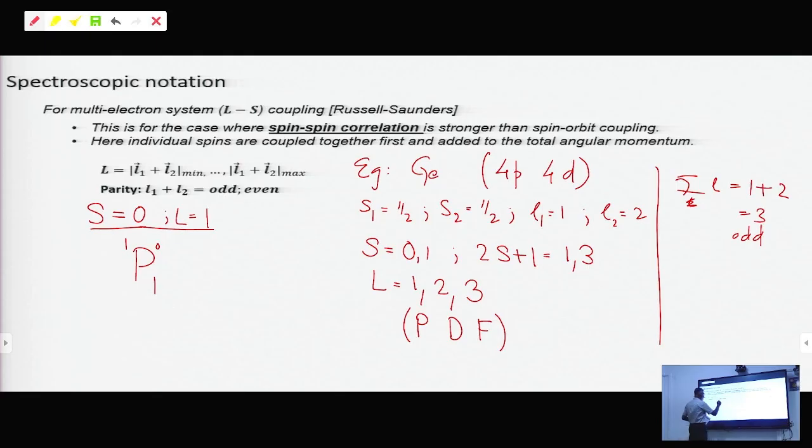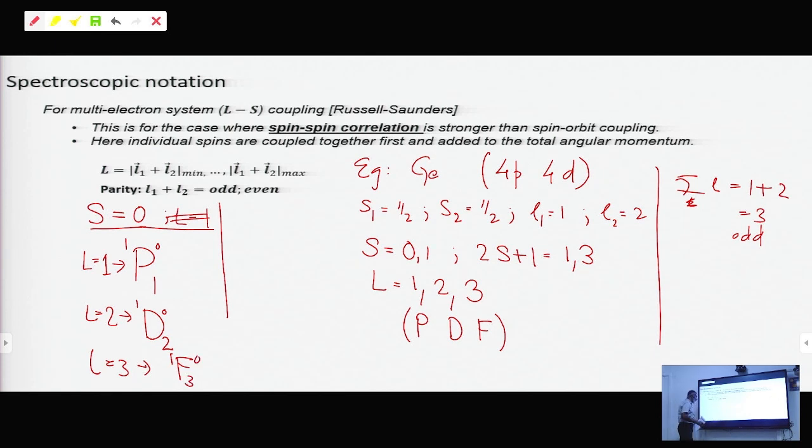For L equal to 2, it's a D, a singlet, with J equal to 2, and its parity is odd. And for L equal to 3, it's an F, a singlet, J is 3, and the parity is odd.